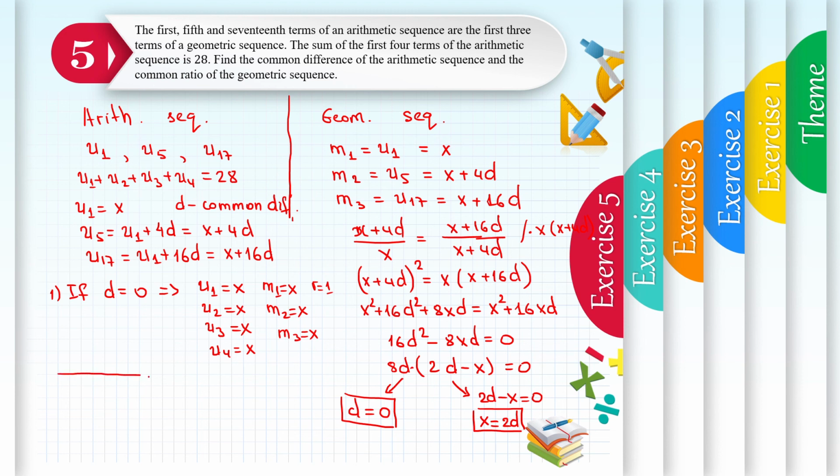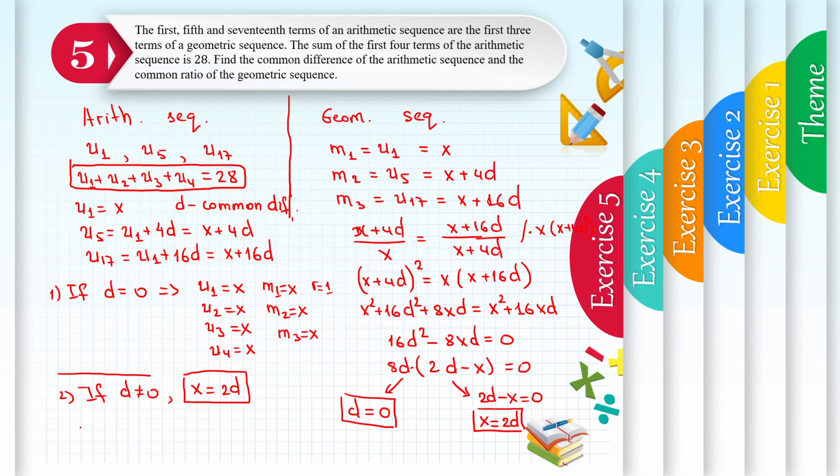Now, case 2: if d is different from 0, then from this equality, x is equal to 2d. For finding the common difference, we will use the information that the sum of the first 4 terms of our arithmetic sequence is equal to 28.